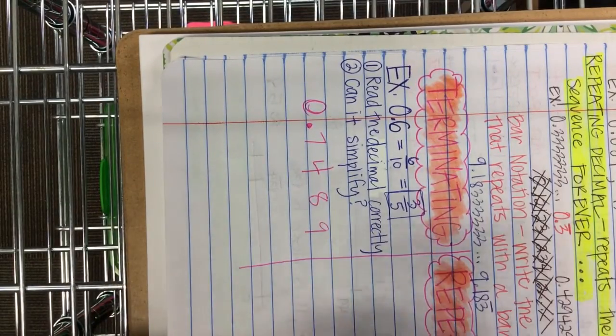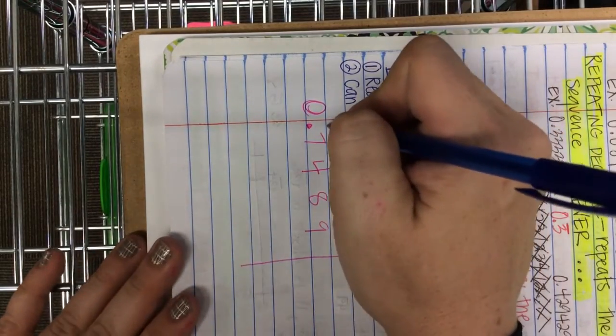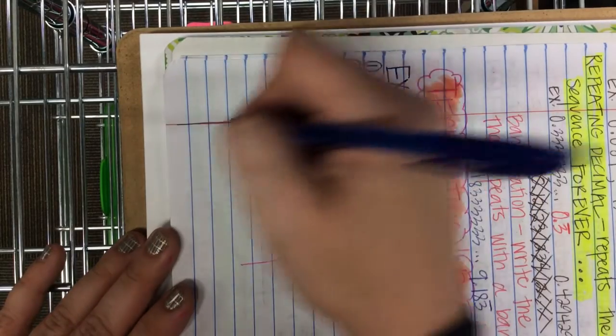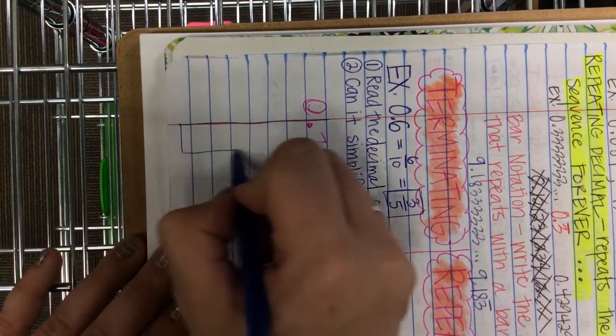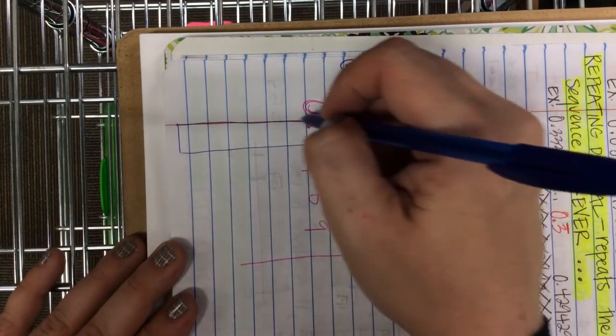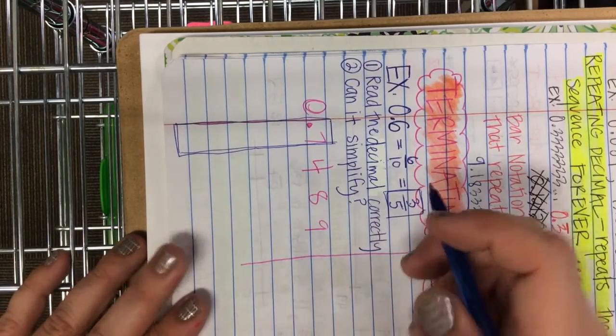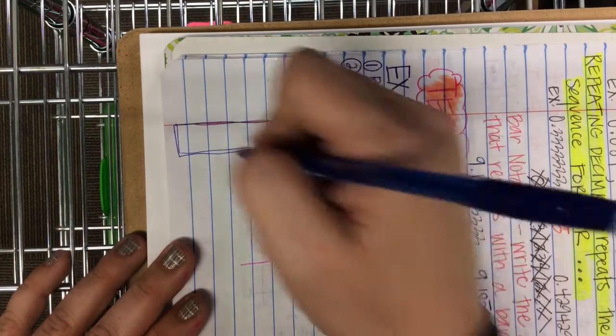All right, I'm going to turn it sideways so you can see. This sevens column, right? This column right here. What place value is the 7 in, Carlos?